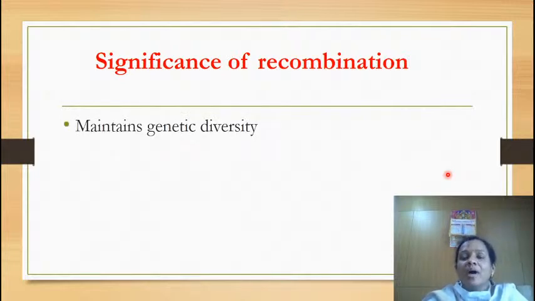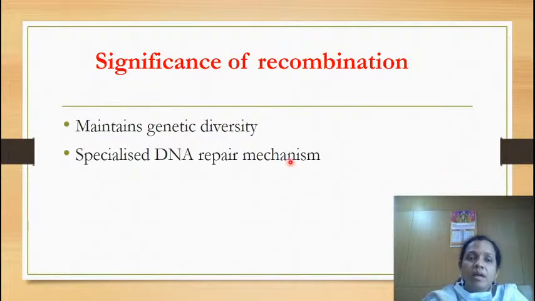Most important, why recombination occurs in the body, we can explain it the other way around: why is there genetic diversity? The genetic diversity is mainly because of the DNA recombination that happens normally. And this recombination is also very important.